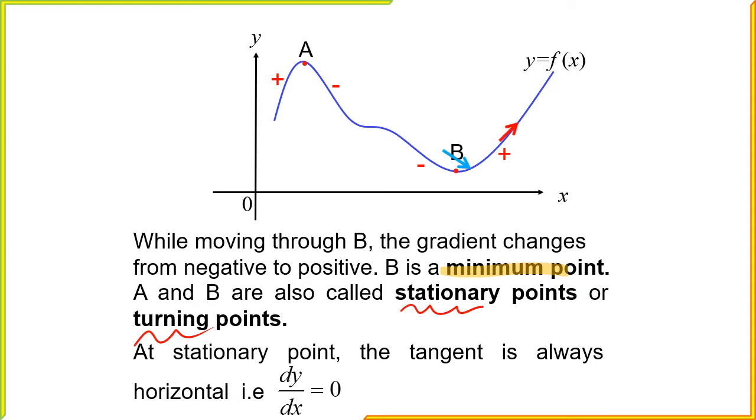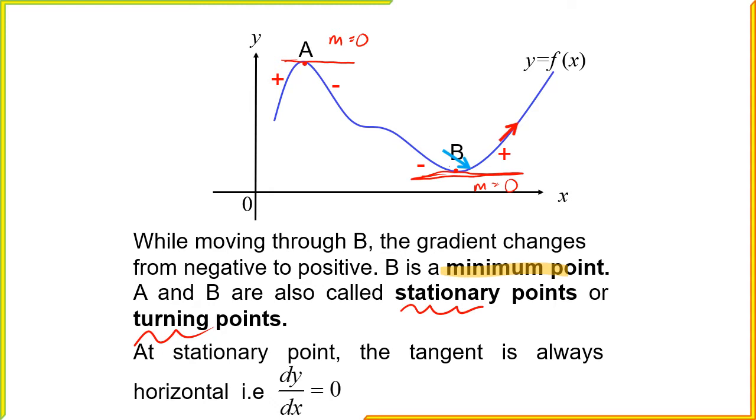At a stationary point, the tangent is always horizontal. Okay, so the gradient will be 0. The horizontal line is the tangent line, where the gradient here is 0. So we know from the first subtopic of this chapter, to find the gradient, we need to find dy/dx.